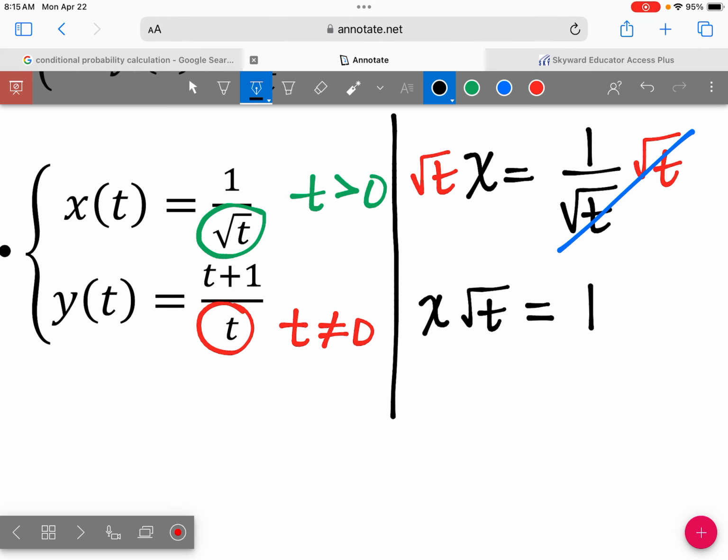And what do you think we're going to do next to solve for t? Well, before we square it, we need to get rid of x. So how do I get rid of x? If it's being multiplied by the square root of t, divide both sides by x.